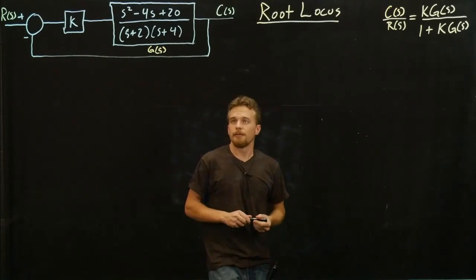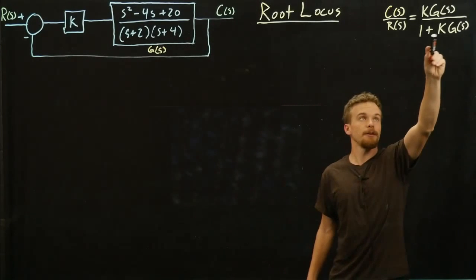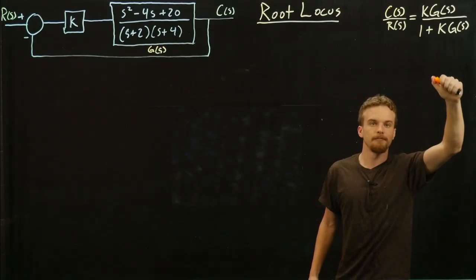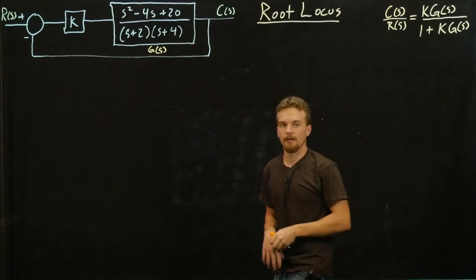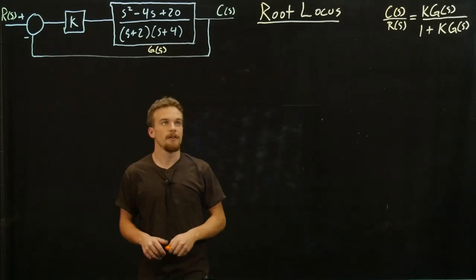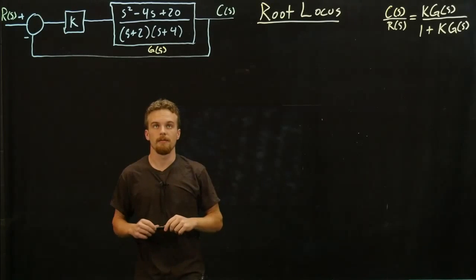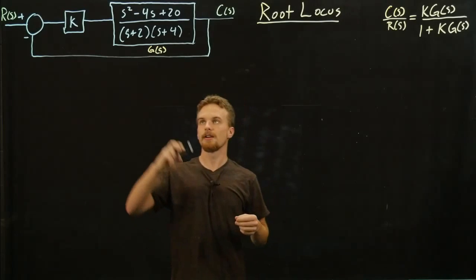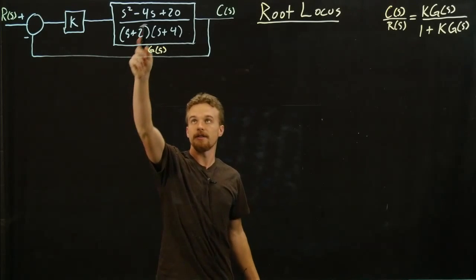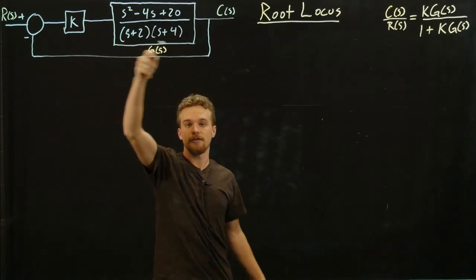This would be a little bit difficult to factor and follow what k does, how k behaves. So it turns out there's a way we can figure out its behavior just from some rules and from the poles and zeros of just g of s.